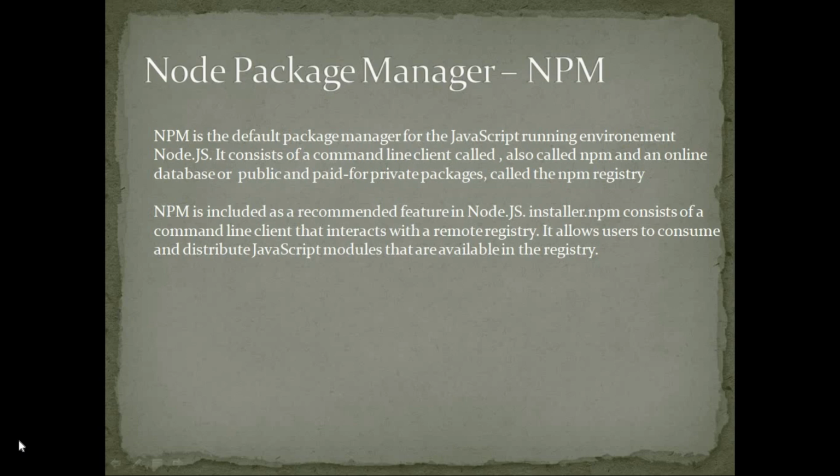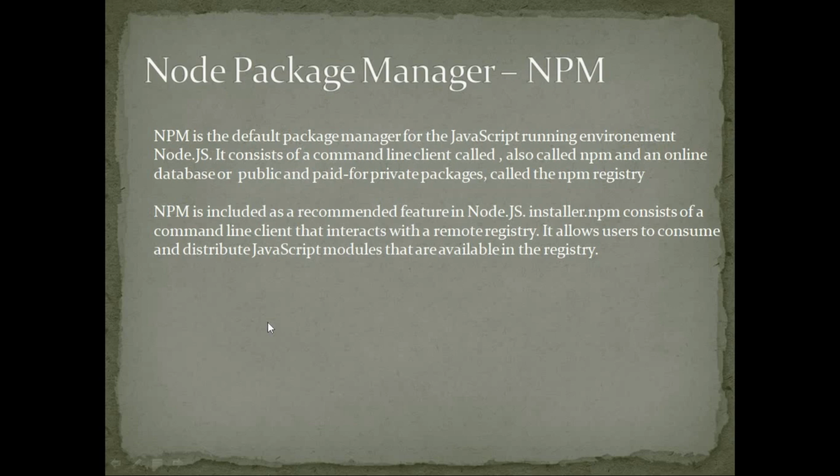Let's say you run a command, npm install, for some library. What will happen? In Node.js there is an installer in npm, which consists of a command line client. It will interact with your remote registry, the npm registry, and it allows users to consume and distribute JavaScript modules that are available in the registry.